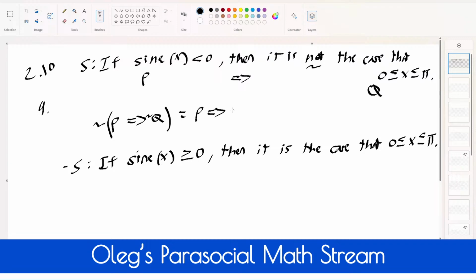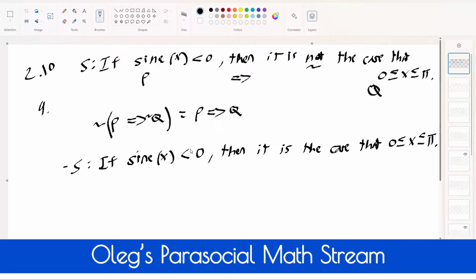P implies Q. Should have dropped that across. So if I did that, now word for word what they did.